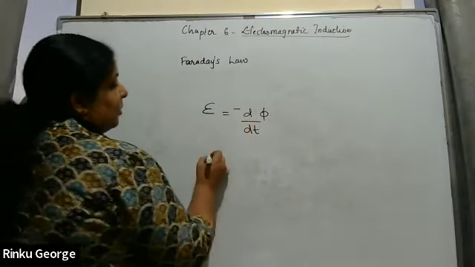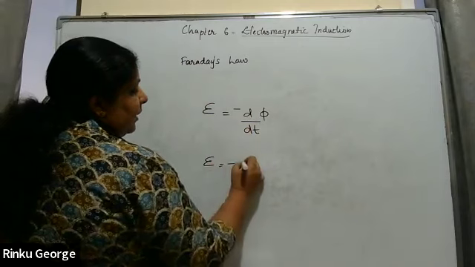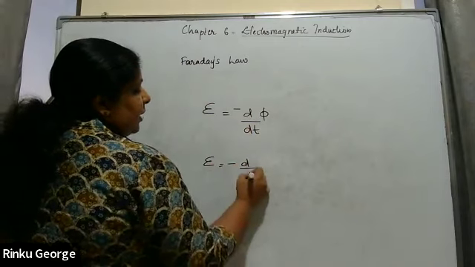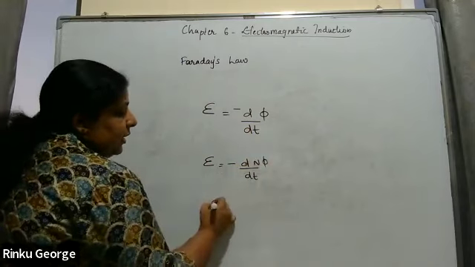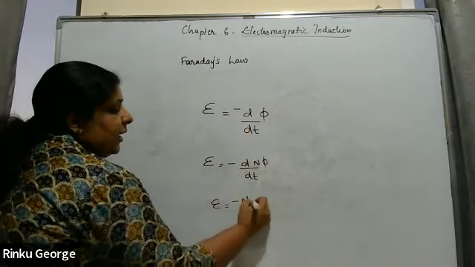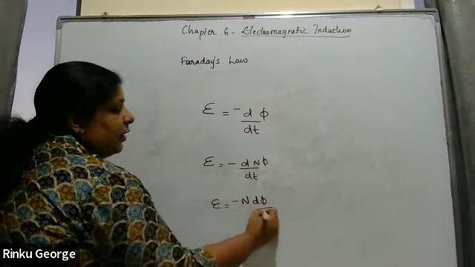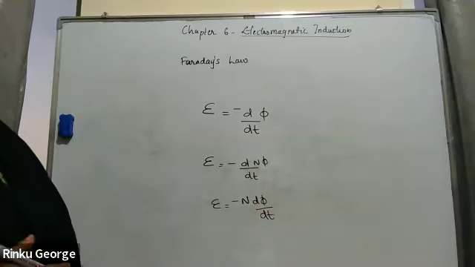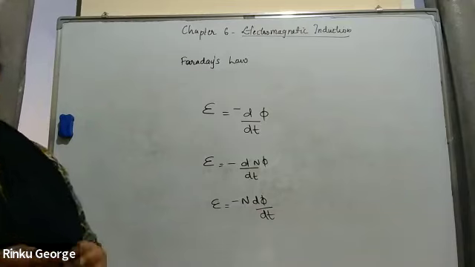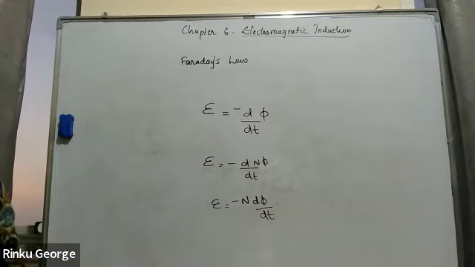So E is equal to minus d by dt of n phi. N you will take outside: E is equal to minus n d phi by dt.